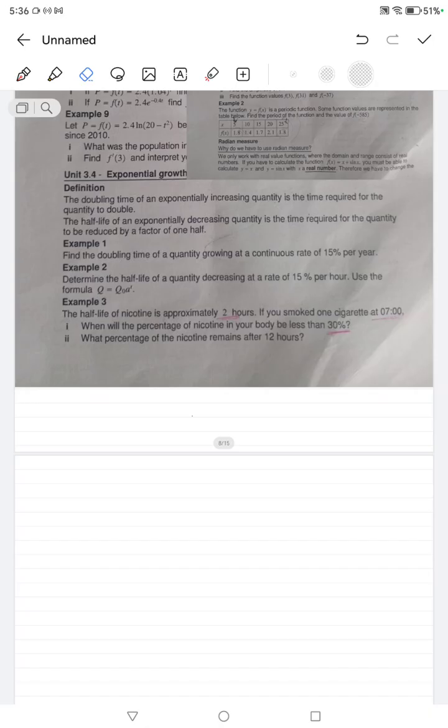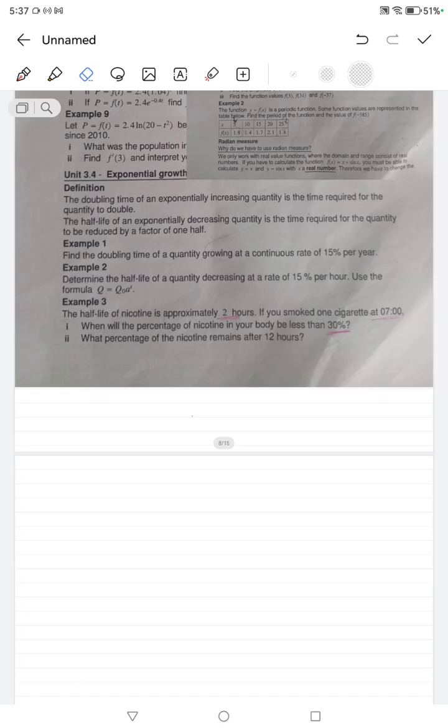So what are we given now? We're only given 2 hours, and we only know about the half of the quantity. So what we don't know is our value of k.